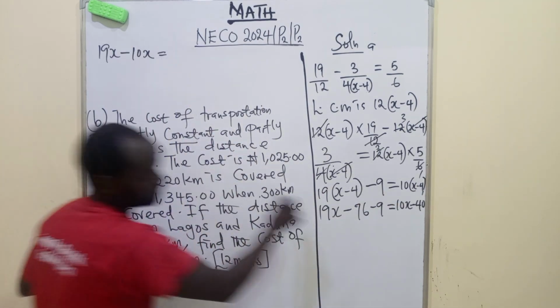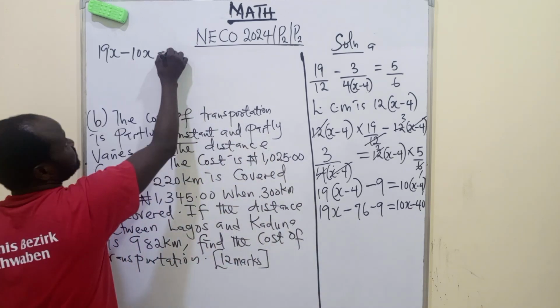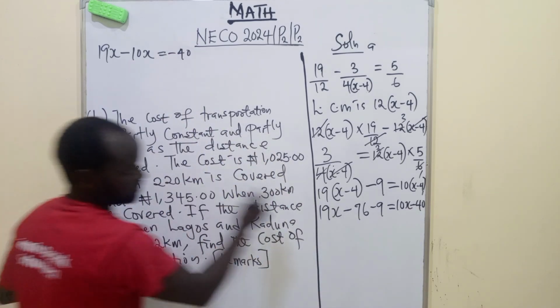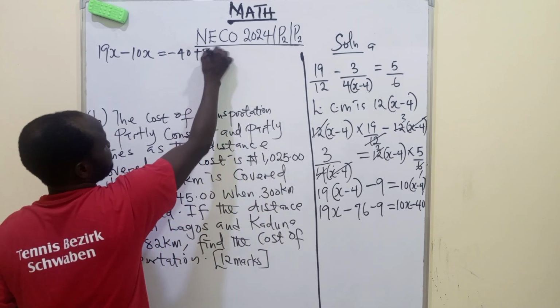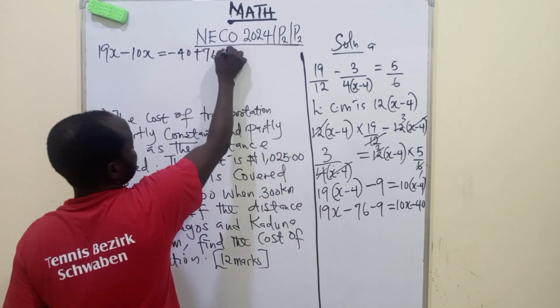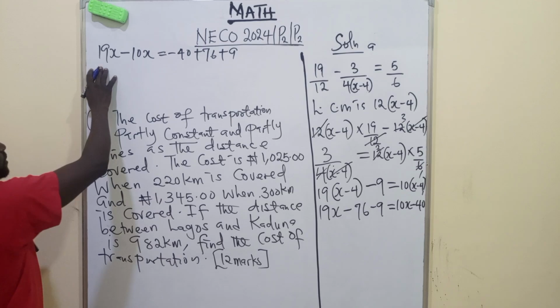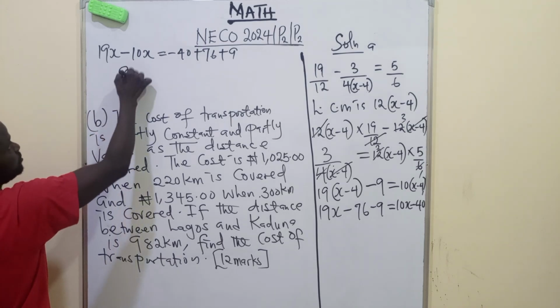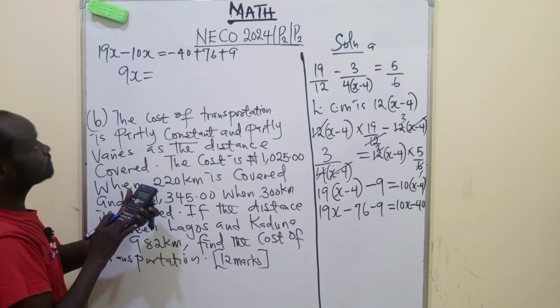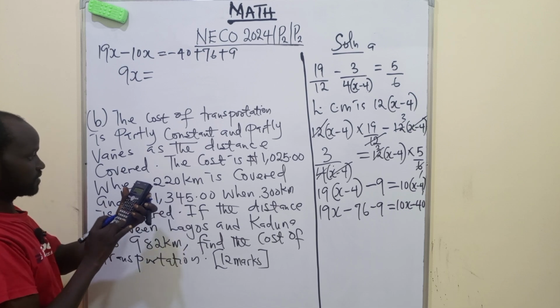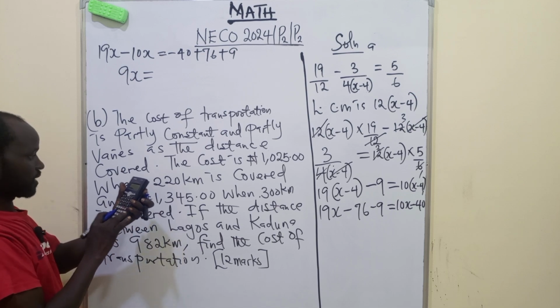This will be equals to have minus 40 on the right. Then this is minus 76. That will be plus 76. This is minus 9. That will be plus 9. So 19x minus 10x, of course, will be left with 9x. Then we have minus 40 plus 76, then plus 9.